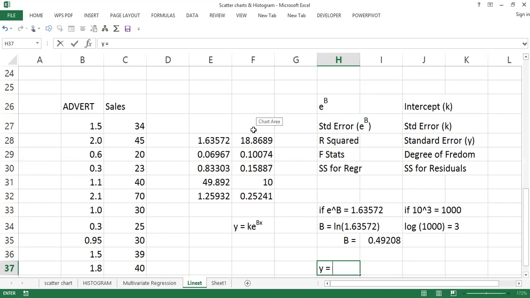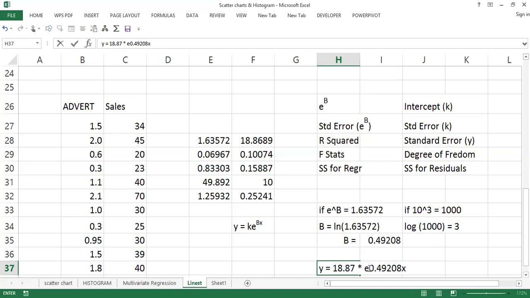K is the slope, 18.87, times e to the power of 0.4208x.